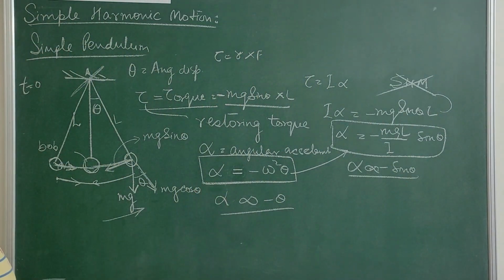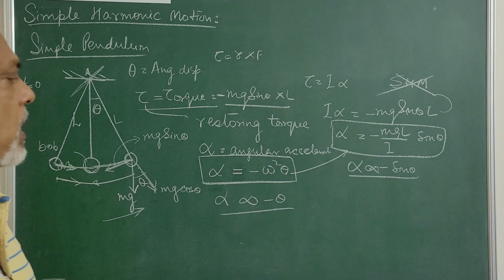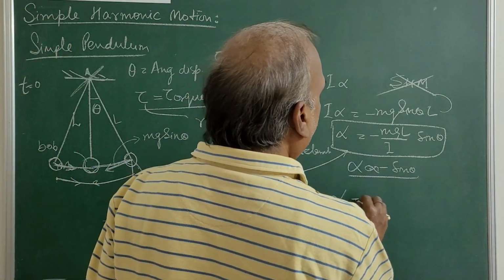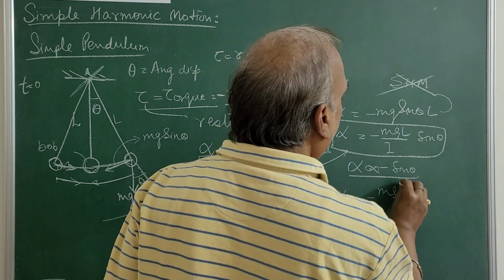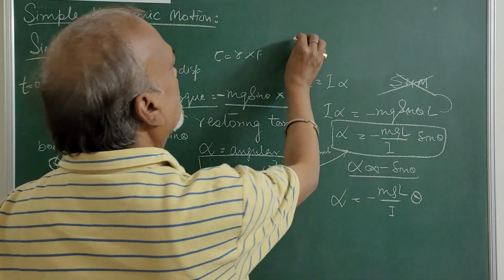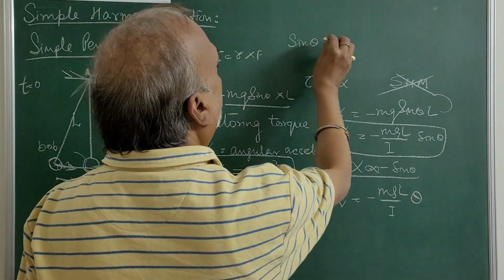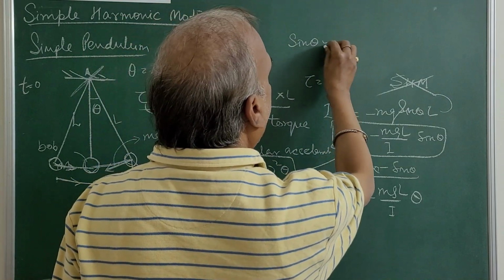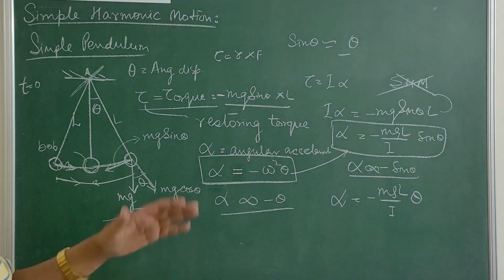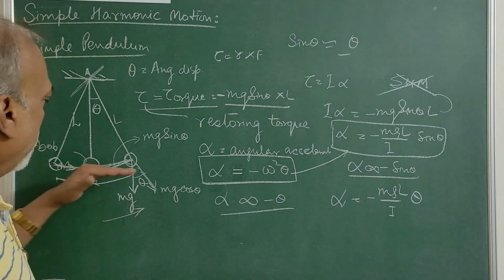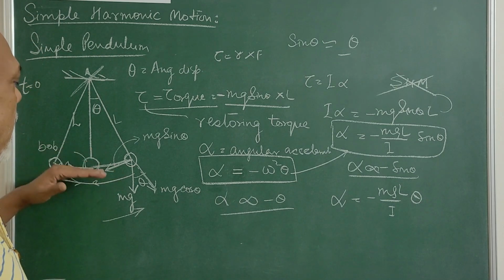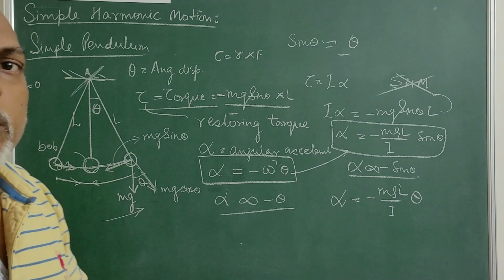Correct? But for a small theta, we can write this equation as mgL upon I theta, because for small angles, sin theta we can assume to be theta. So for a small angular displacement, we can say that this is a simple harmonic motion.